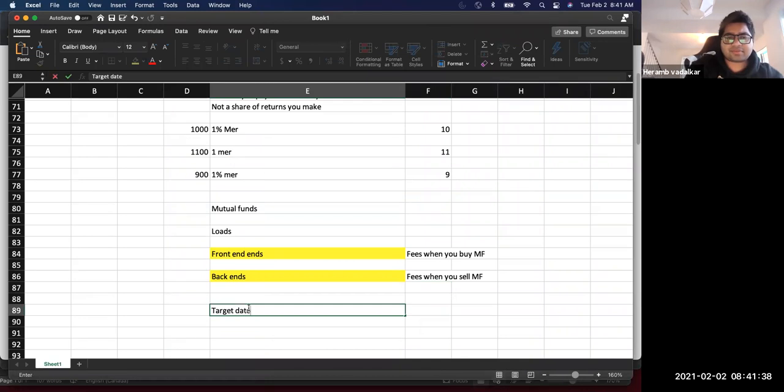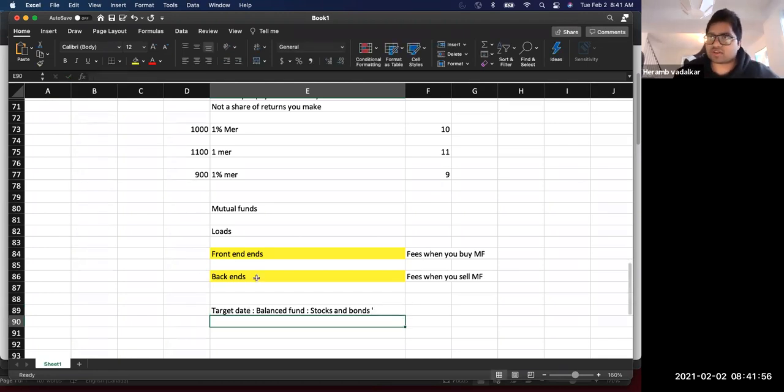Target date means the fund does it automatically. The fund is basically a balanced fund. Balanced fund means it invests in stocks and bonds, right?